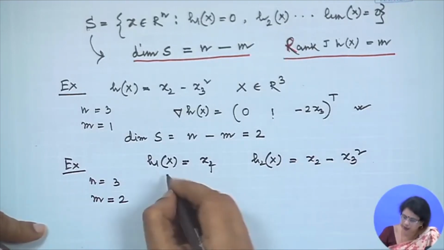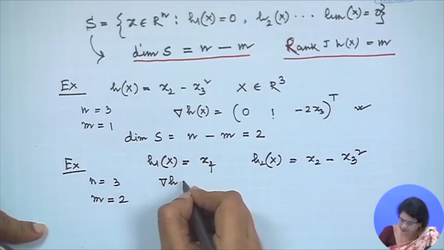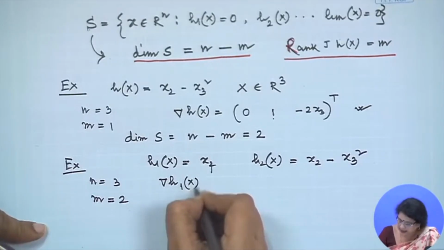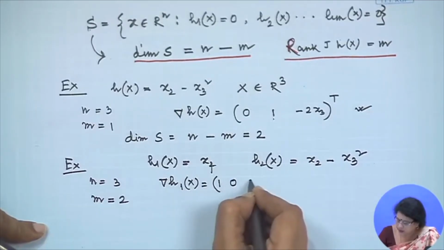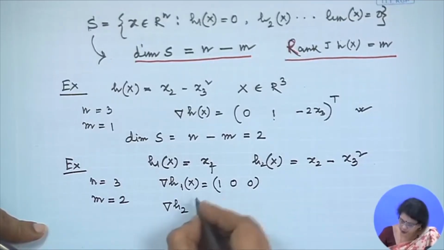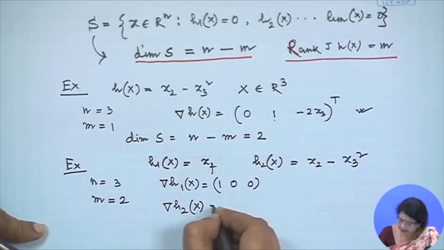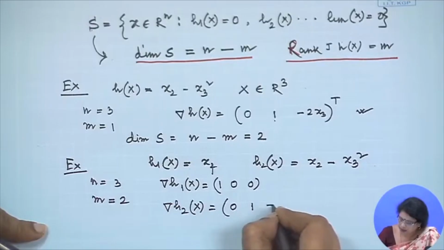Then from here we get grad of h1(x) equal to [1 0 0], and grad of h2 equal to [0 1 -2x3].